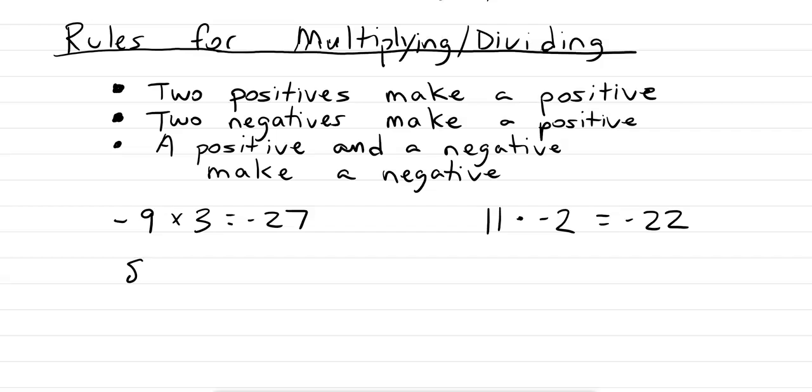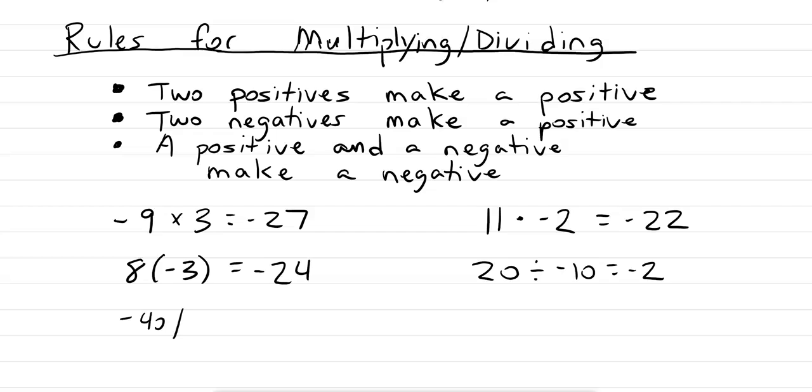Another way to show multiplication is with parentheses. So 8 times negative 3, a positive times a negative is a negative. 20 divided by, this time, negative 10 is negative 2. Negative 40 divided by 5 is negative 8.